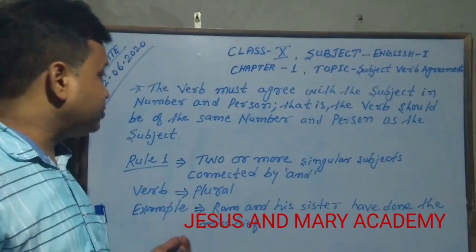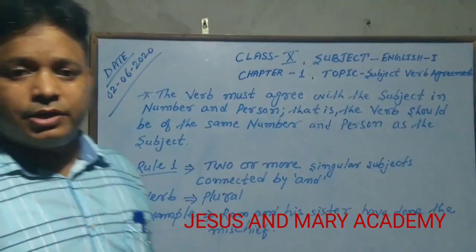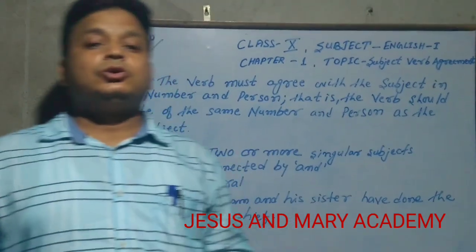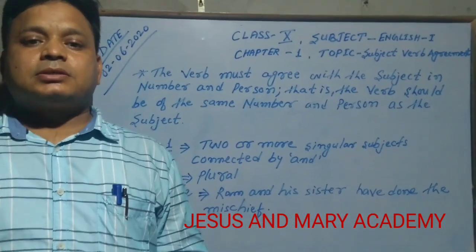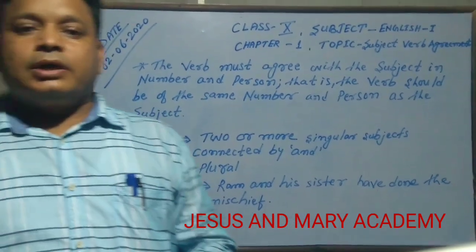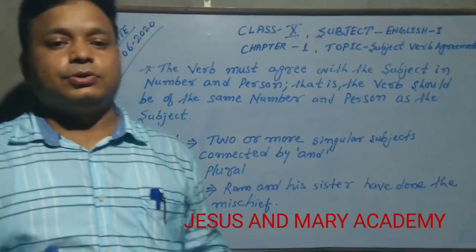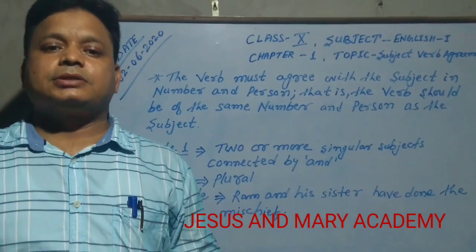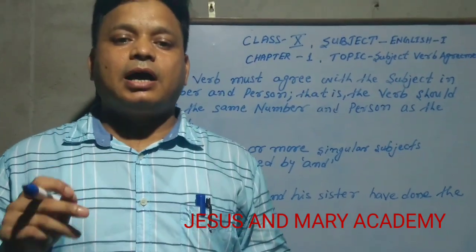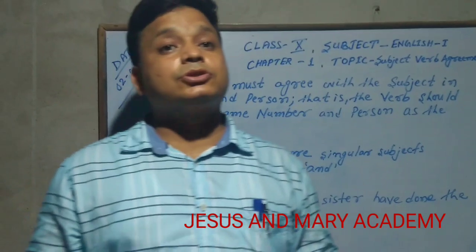The next rule I am going to teach about subject-verb agreement, student: when two subjects together express one idea. Again I am going to repeat: when two subjects together express one idea, we have to use a singular verb.